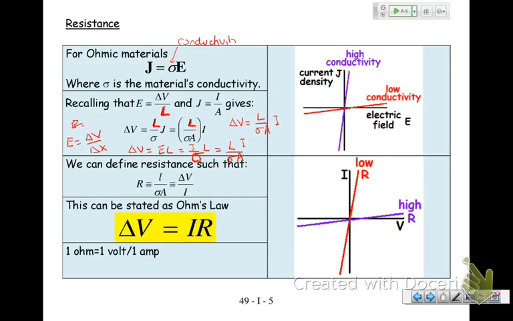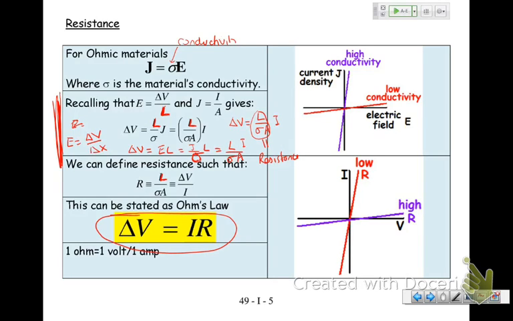is equal to L over sigma A times I. We can define resistance such that L over sigma A is equal to R. So that's my resistance. That is golden.